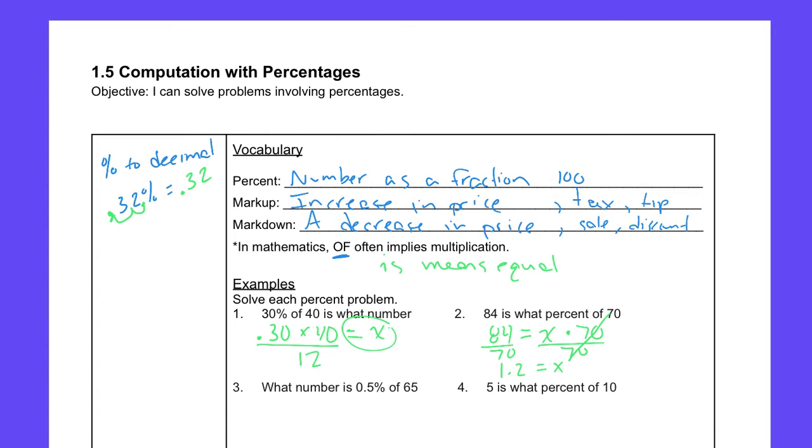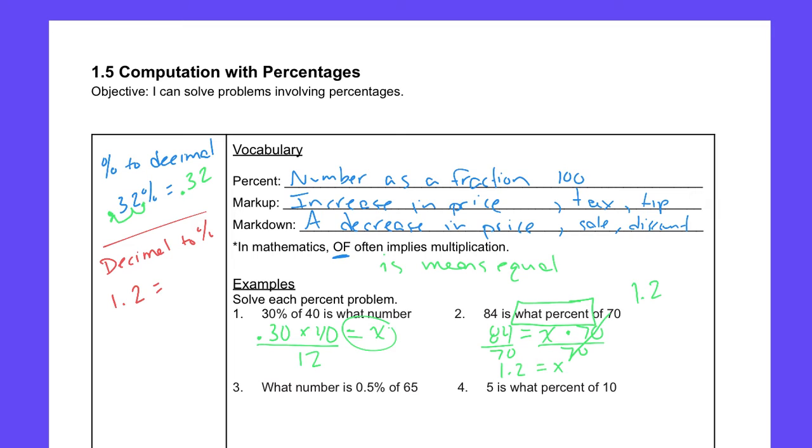But the tricky part is that it asks us for a percent, but we just have a decimal now, 1.2. So I have to take 1.2 and turn it into a percent. Off to the left-hand side here, we did percent to decimal, but we can also show how we go from a decimal to a percent. We go the other way. We have 1.2, and I need to get it into a percent.